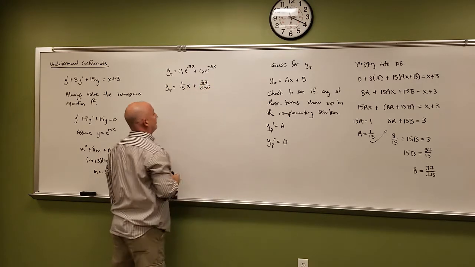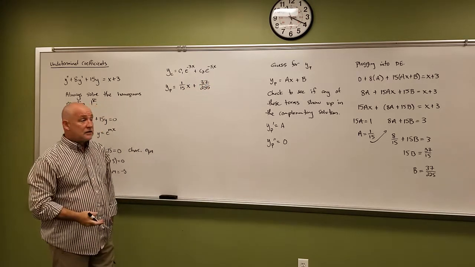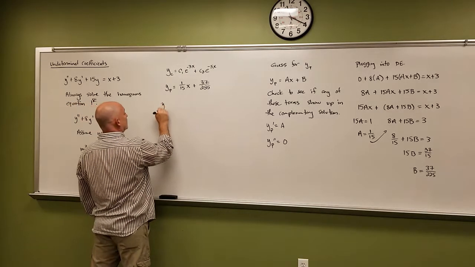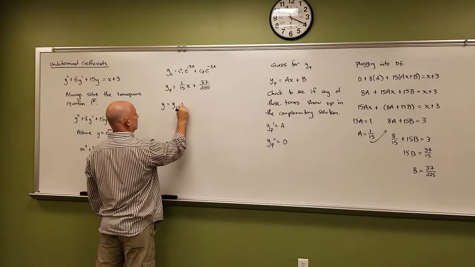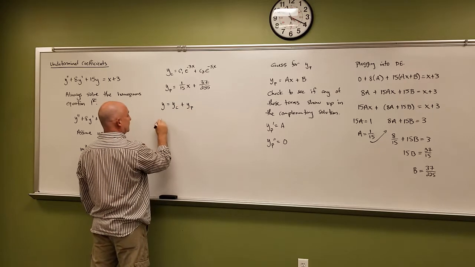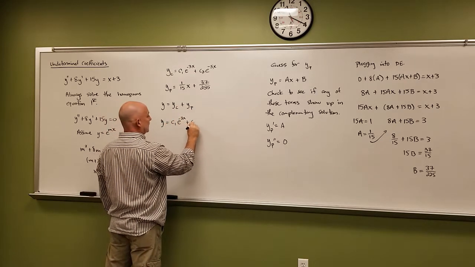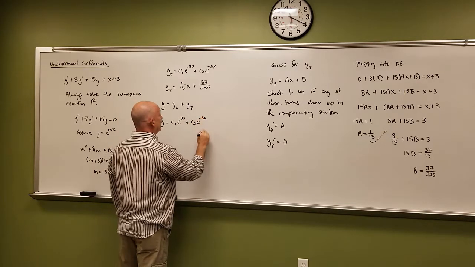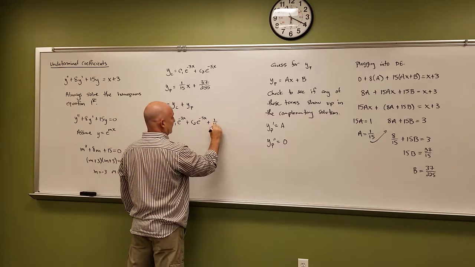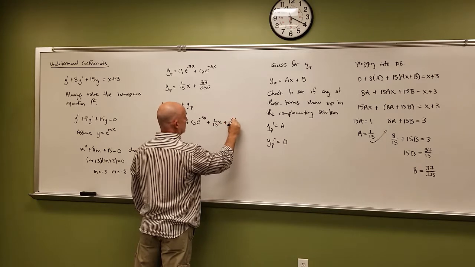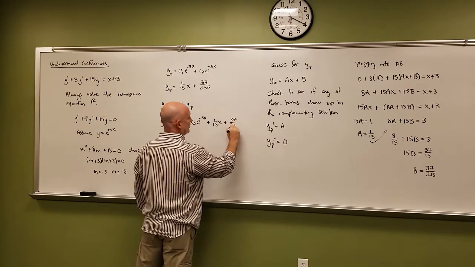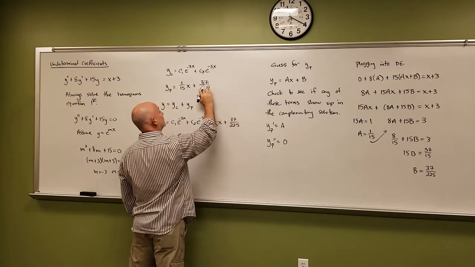Okay, so that's our particular solution. So the complete solution to this differential equation is, of course, the complementary plus the particular. So it's going to be c1 e to the negative 3x, c2 e to the negative 5x, plus 1/15 x plus 37 over 225.